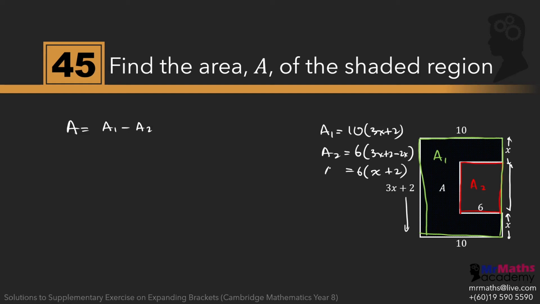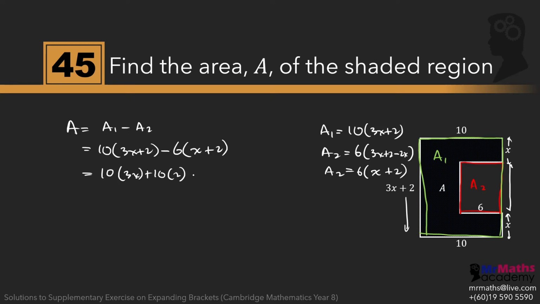Alright, now we are ready to do the subtraction here. So A1 is 10 times 3x plus 2 minus this expression here, which is 6 times x plus 2. And we end up with 2 expansions. So let's do that. 10 times 3x plus 10 times 2.